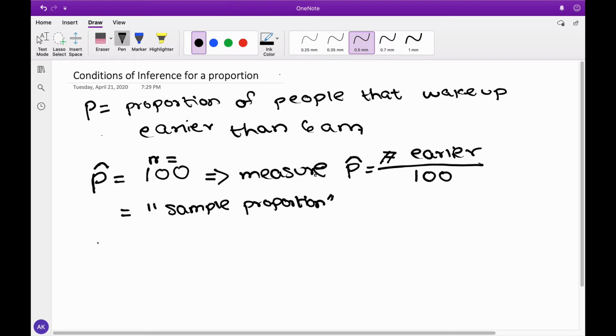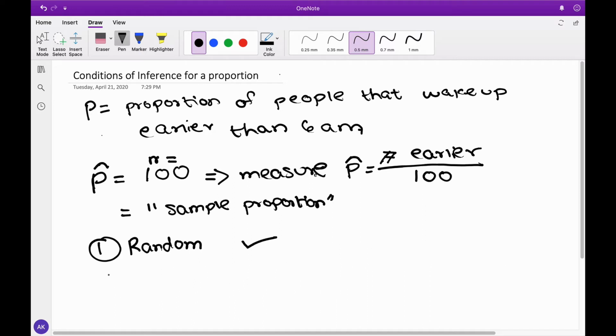So the first key fact that any sample must have is that it must be truly random. There are many ways to generate a random sample, but I won't get into that today. For now, we'll just say that if the problem states that the sample proportion was obtained in a random manner, this condition was satisfied.